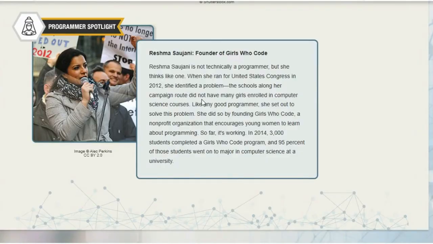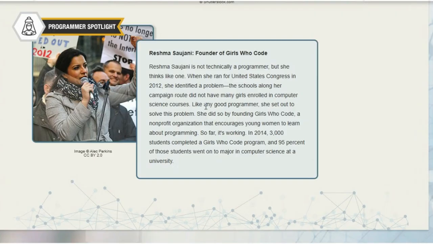Let's look at our programmer spotlight. Reshma Saujani, founder of Girls Who Code. Reshma Saujani is not technically a programmer, but she thinks like one. When she ran for the United States Congress in 2012, she identified a problem. The schools along her campaign route did not have many girls enrolled in computer science courses.